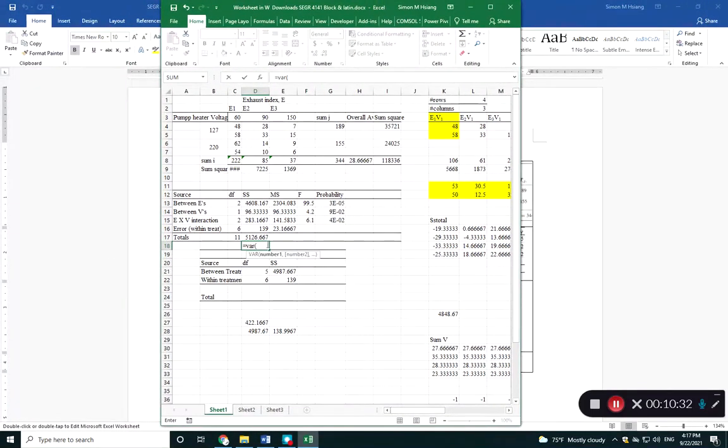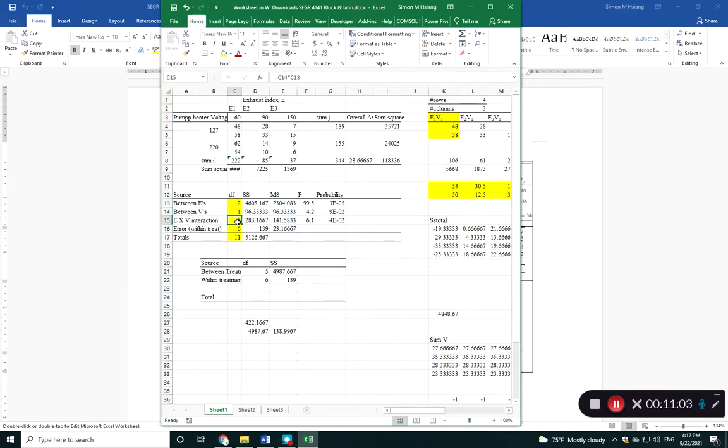Here, what I'm saying is, we know that I have 12 observations. First things first: total 12 observations, so you have 11 degrees of freedom. Agree? And then the main effect, 3 treatments for E, so 2 degrees of freedom. Agree? And I have 2 voltages, 2 minus 1, 1 degree of freedom. Agree?